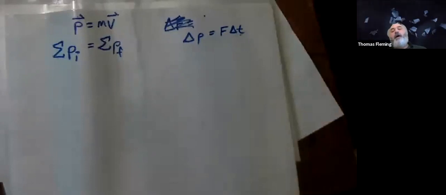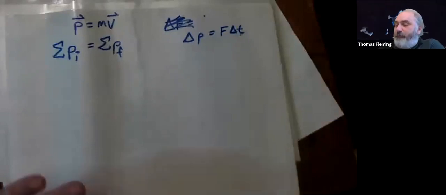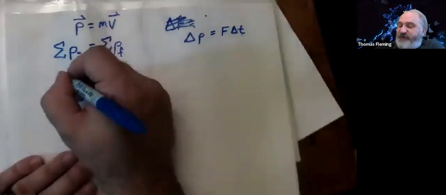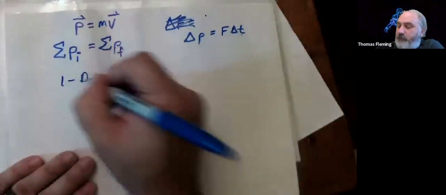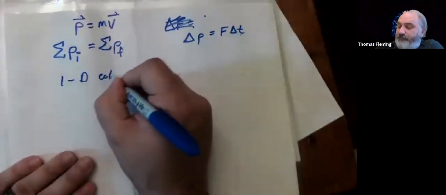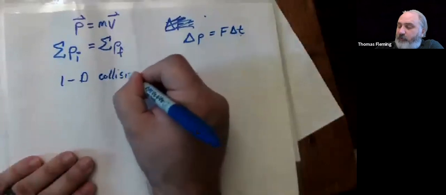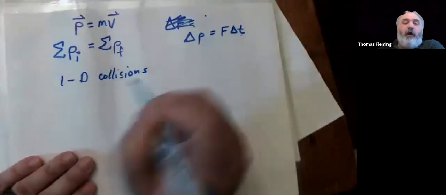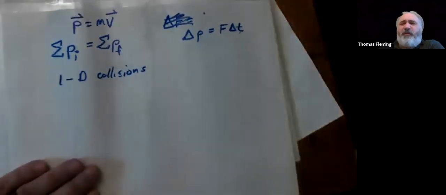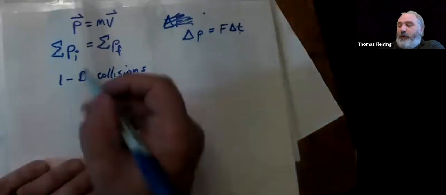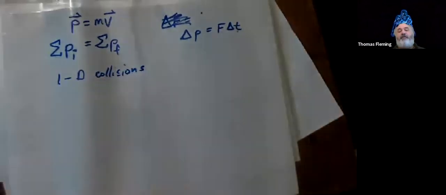So when you solve momentum problems, we had them in a couple broad varieties. The first of them were what we call 1D collisions, because momentum conservation problems almost always are in the form of two objects colliding with each other. Now, what do I mean by 1D? It means that all the motion was along a single direction.